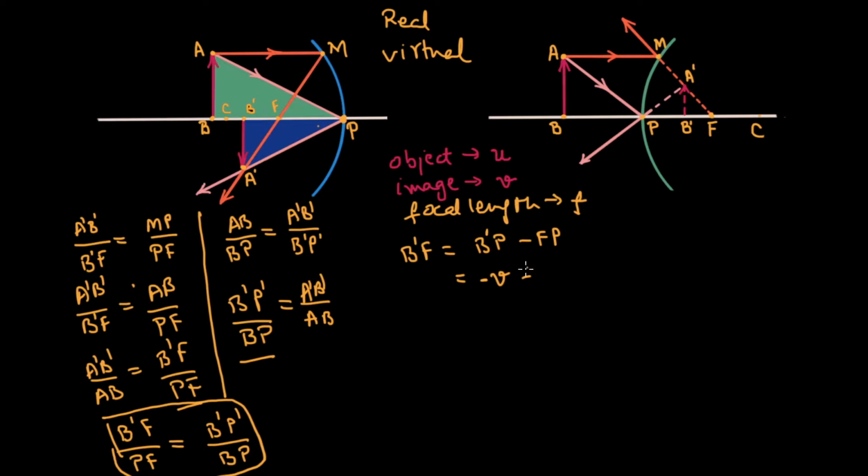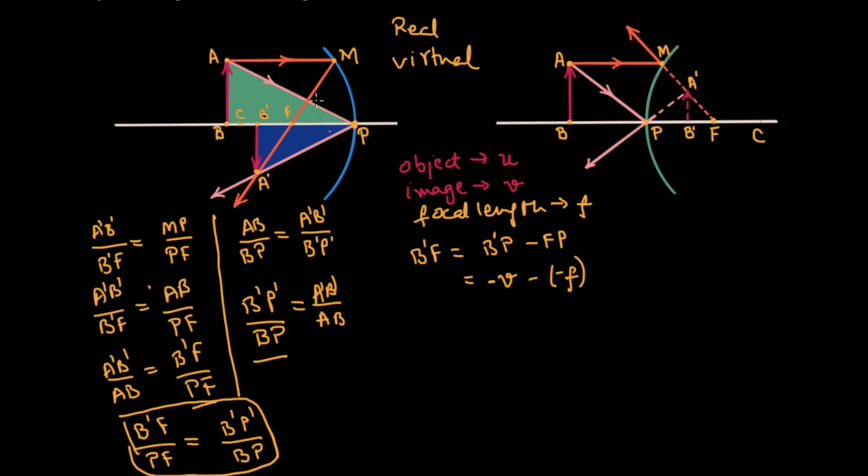That is the focal length, and again, since it's to the left, we put a negative sign in front of it. The two negatives cancel out, so you've got F minus V. That is B prime F. Now, PF is just the negative of the focal length.